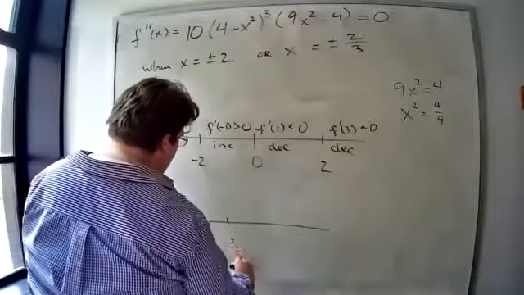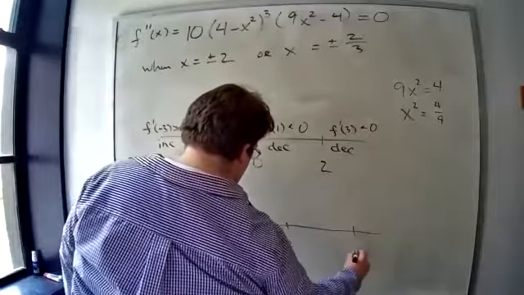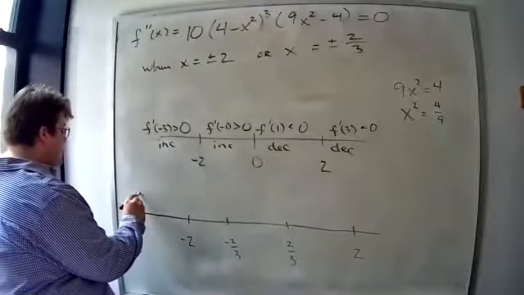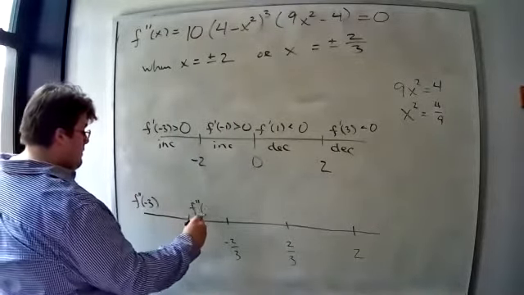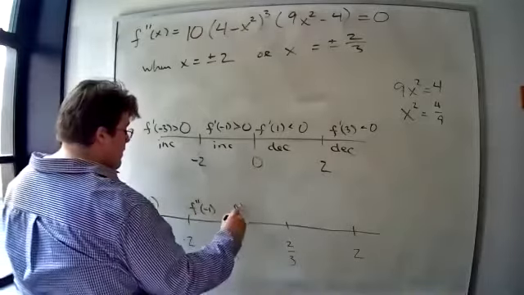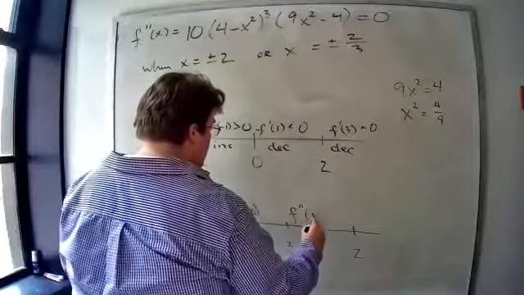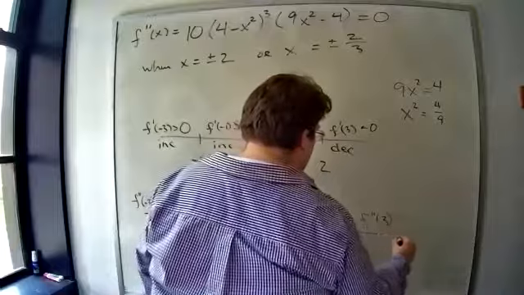Negative 2, negative 2/3, 2/3, and 2. We're looking at the sign of the second derivative. So we'll take a negative 3, take a negative 1, a 0 is there, a positive 1 is there, a positive 3 is there.